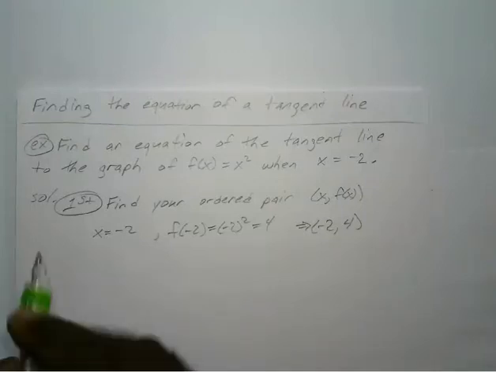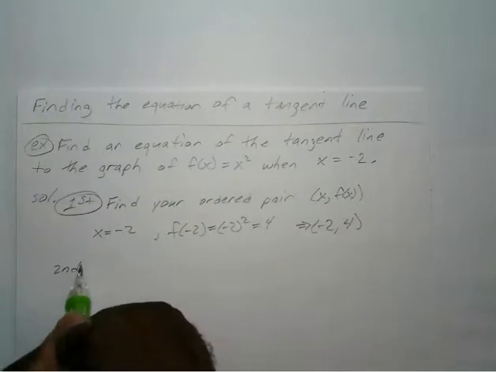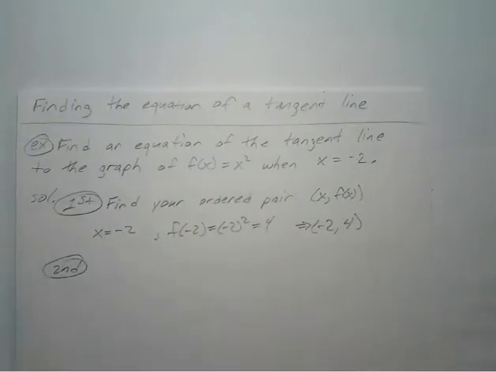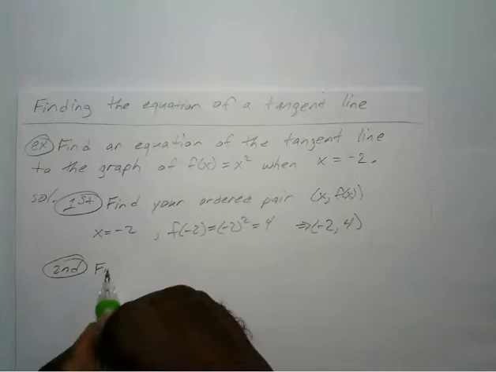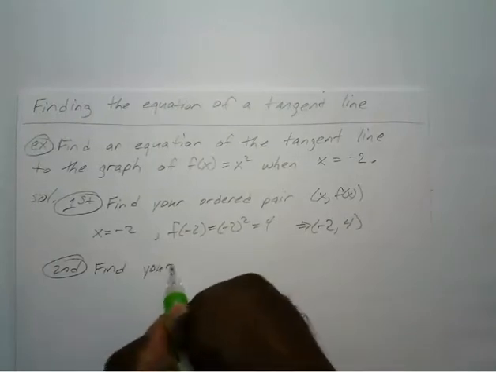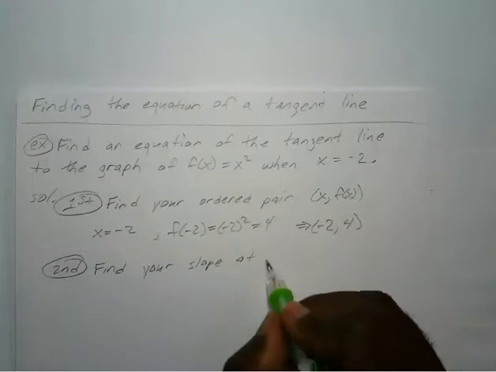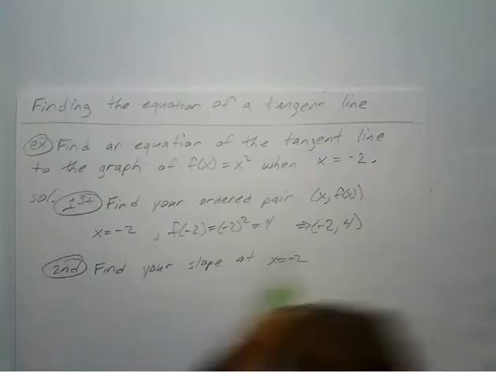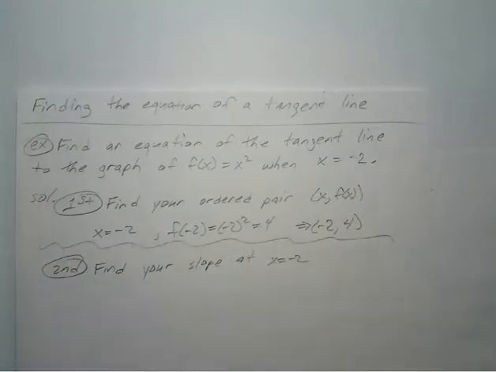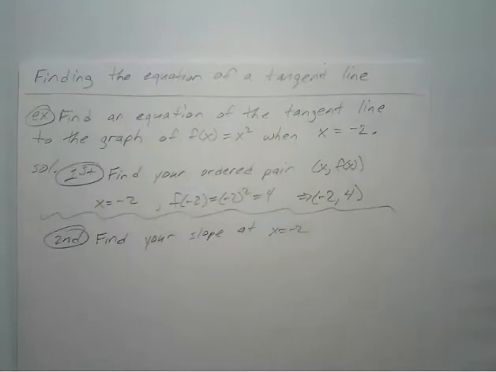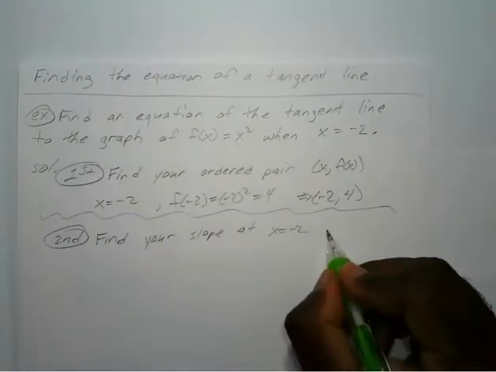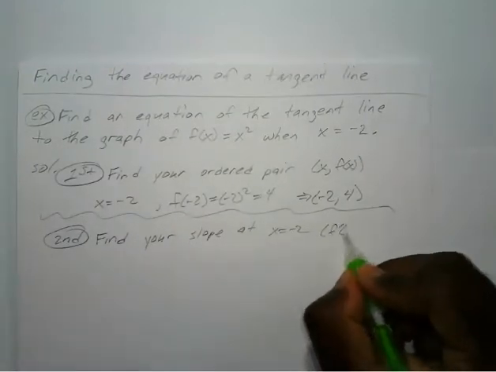All right. So your second step is to find your slope at x equals -2. Now your slope is just your, of course, your f prime of -2.